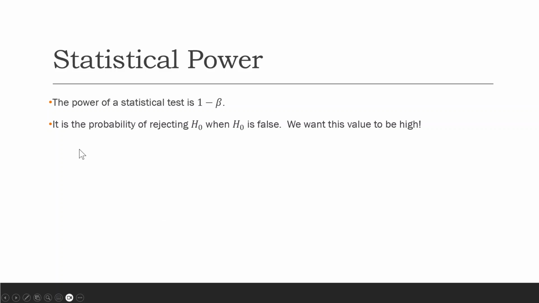It is the probability of rejecting the null given that the null is false. All right. This is a value that we want to be high in educational and a lot of social science research. We want the value of statistical power to be at least 0.8 or 80%. All right.